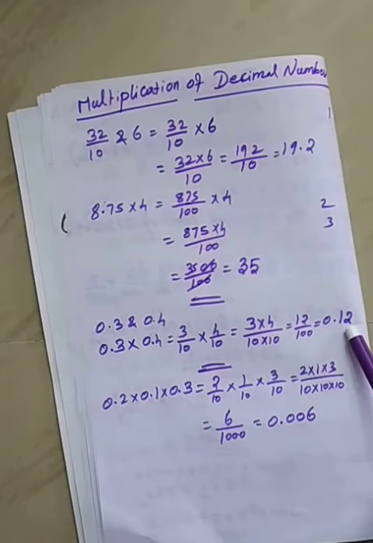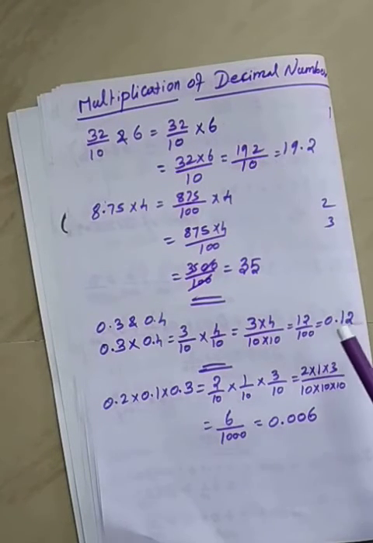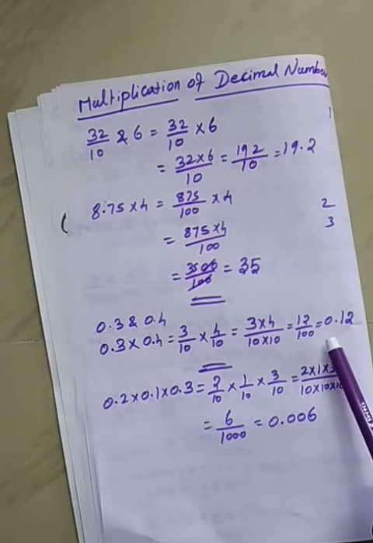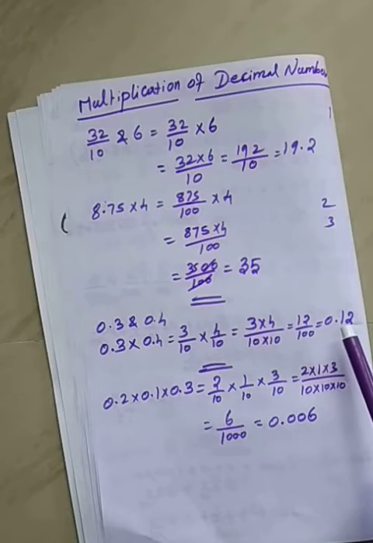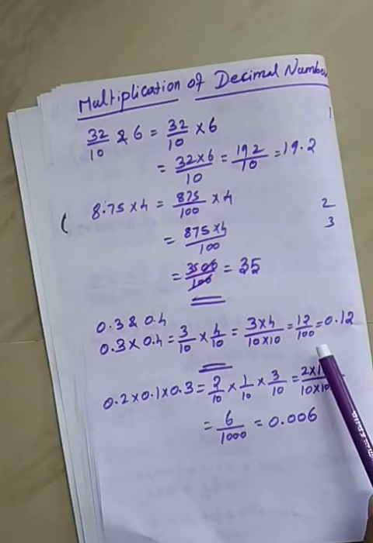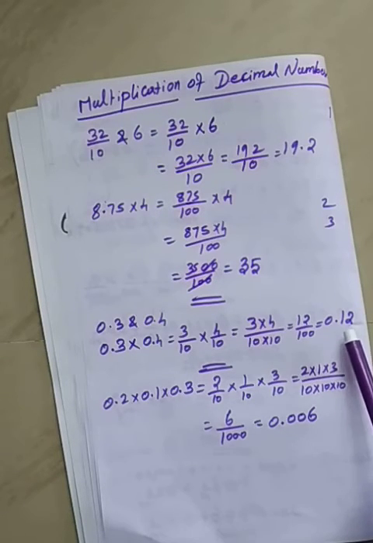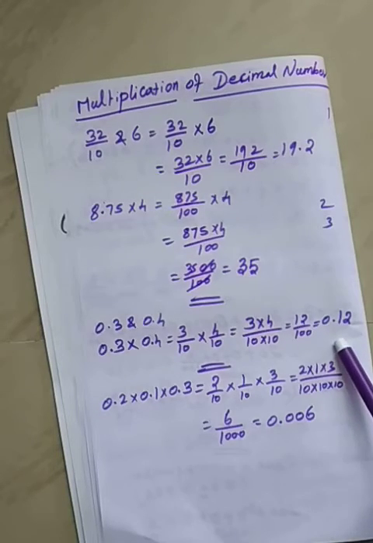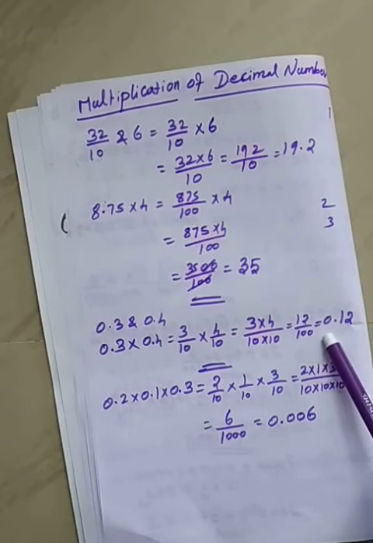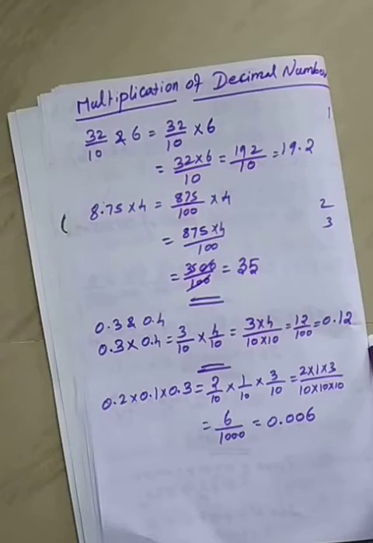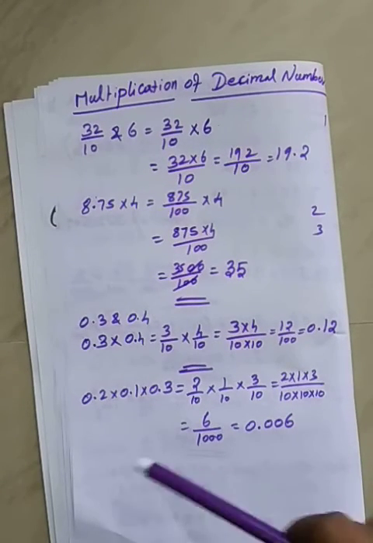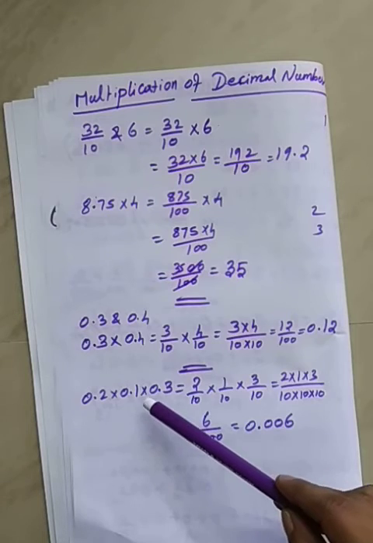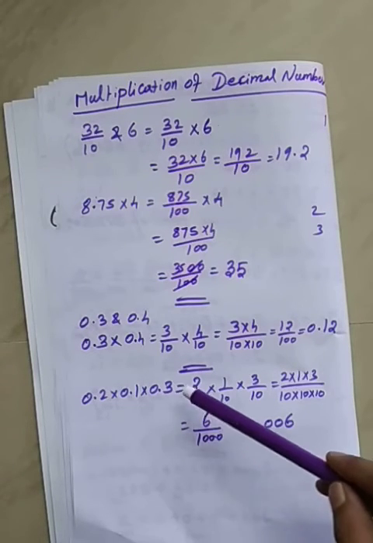Now we put the decimal point after 2 digits starting from the rightmost place of the number 12. So the product is 0.12. Everybody clear this one? Okay. See, similarly 0.2 into 0.1 into 0.3.